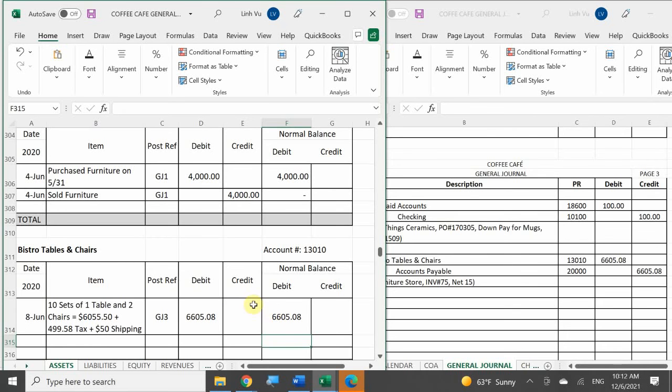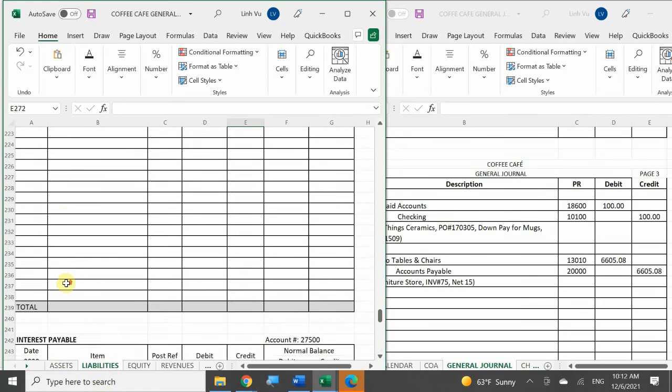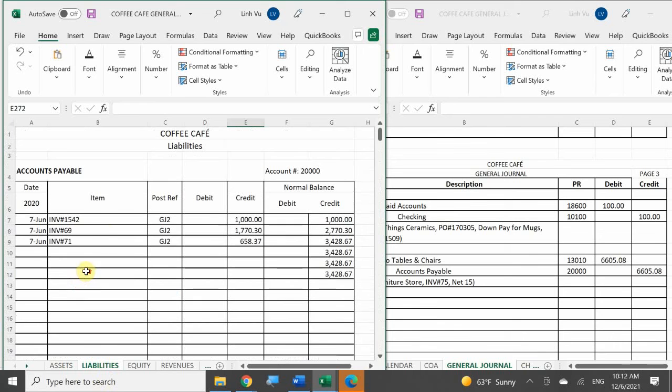Okay. So then, of course, I didn't pay for it now. I decided to owe them money. So 6/8, this is invoice number 75, General Journal number 3, and I owe $6,605.08, which then brings me up to $10,033.75.